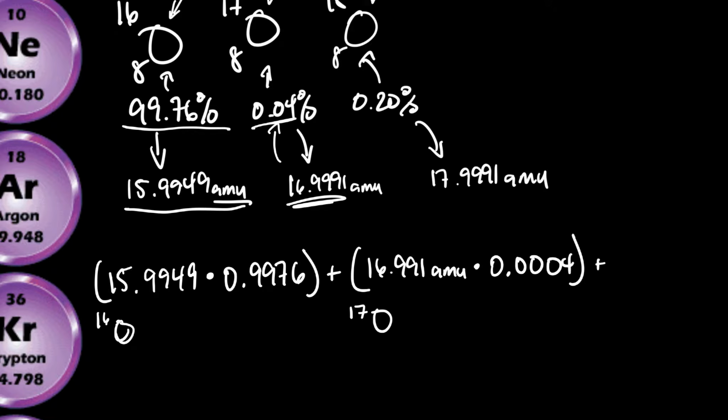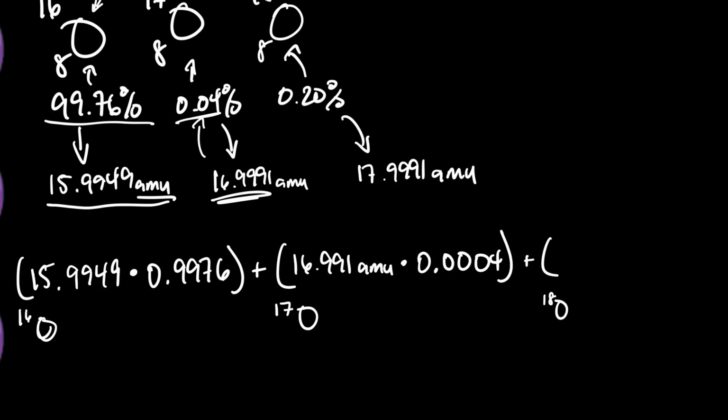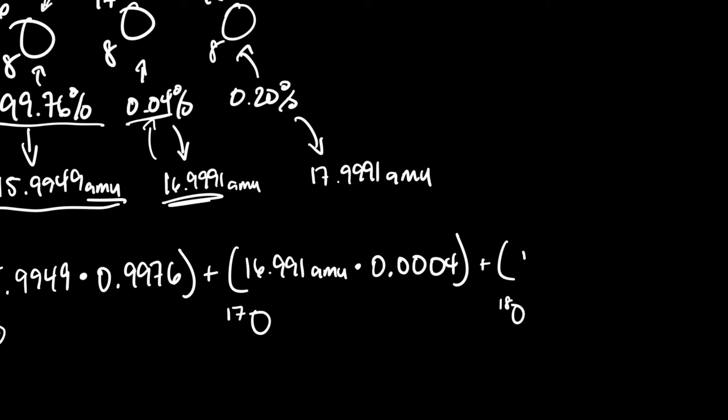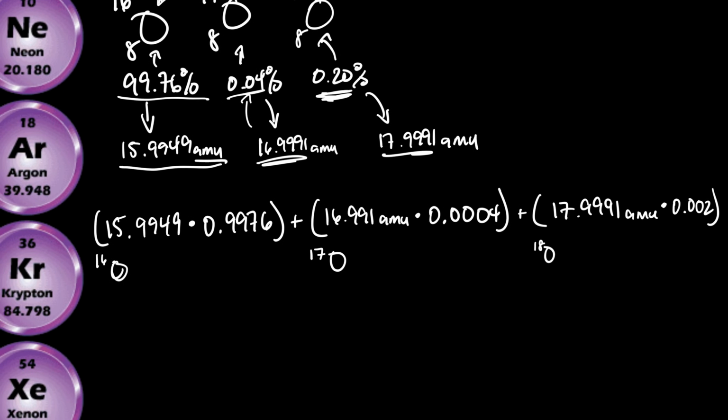Then add the last isotope, oxygen 18, with mass 17.9991 AMU, multiplied by its decimal abundance, 0.002. This is exactly what I'm going to plug into the calculator.